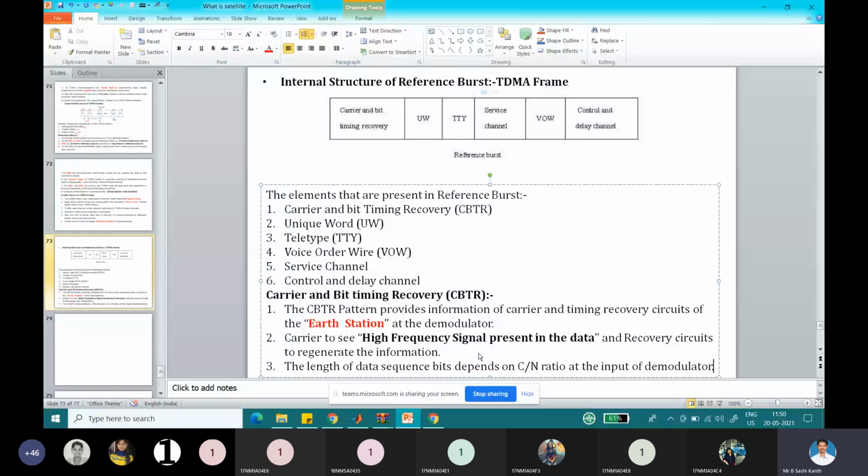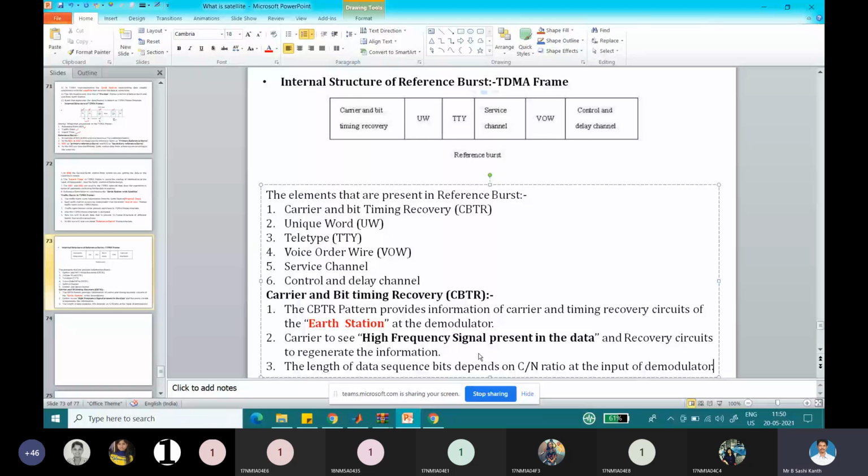Please understand clearly. The data that is coming to the demodulator is such that before itself you are calculating the C by N ratio. When you calculate carrier to noise ratio, it makes you understand the length of the data sequence that you got in terms of bits. Those bits are given to the demodulator as an input, which consists of a carrier and timing recovery circuit.